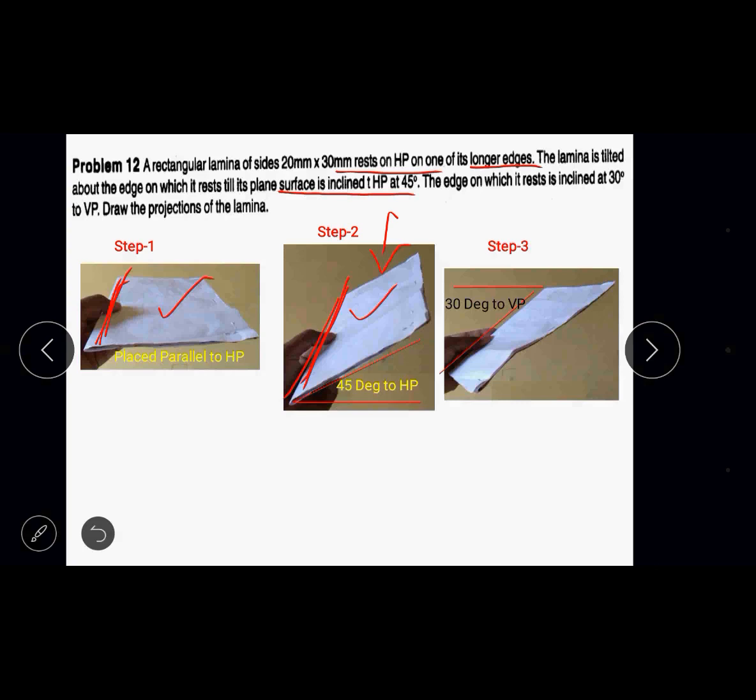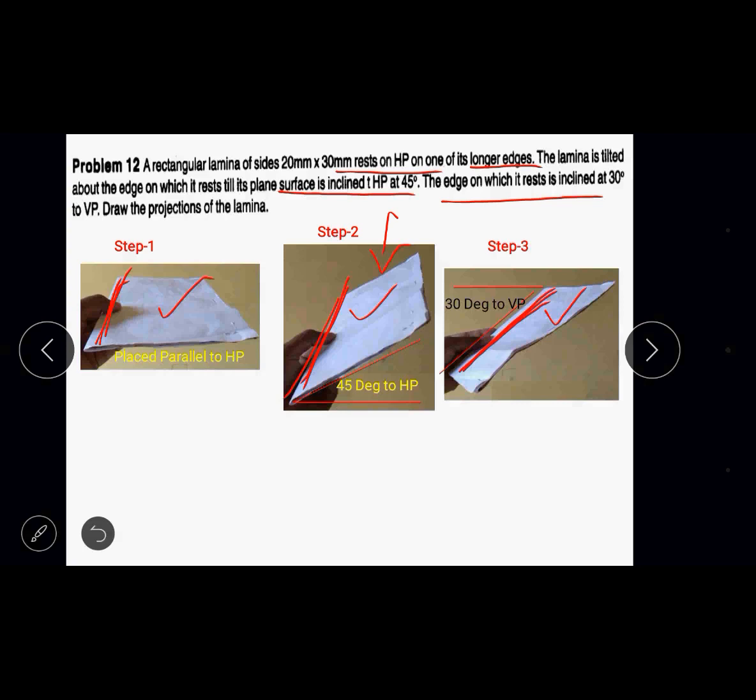Coming to the next step, step 3, the VP angle is covered. You can see that the edge on which it rests is inclined at 30 degrees to VP. That I have shown in the third figure, step 3. This is the longer edge which I have held, the longer edge of the lamina on which it rests. I have tilted it 30 degrees to VP, and I have shown the angle also in anti-clock direction.